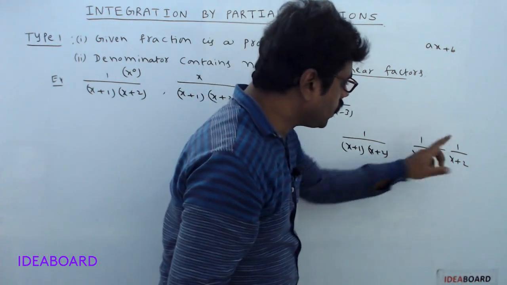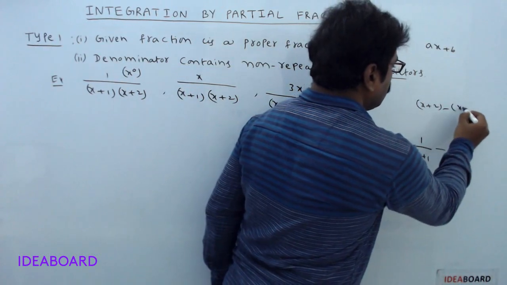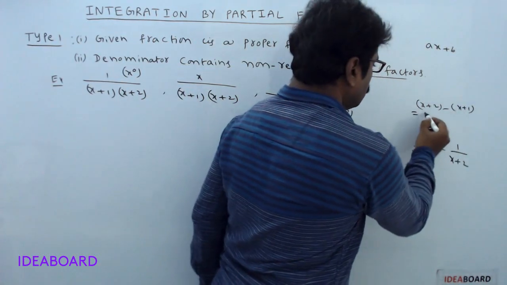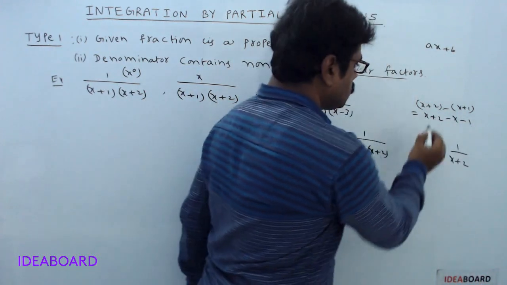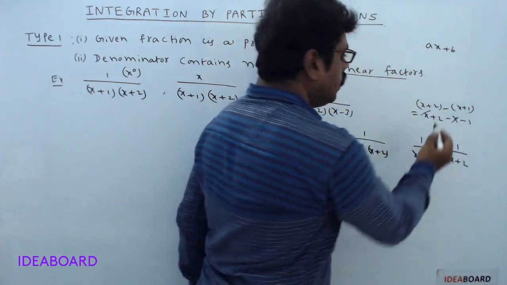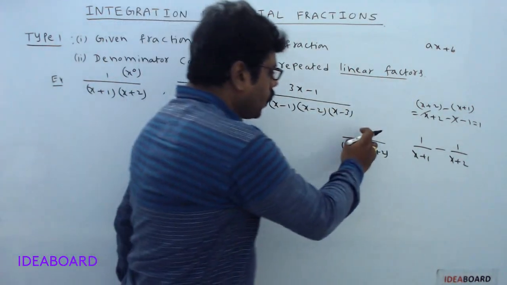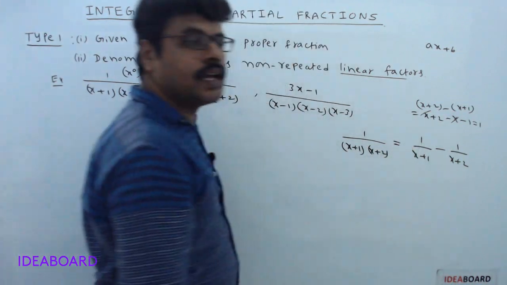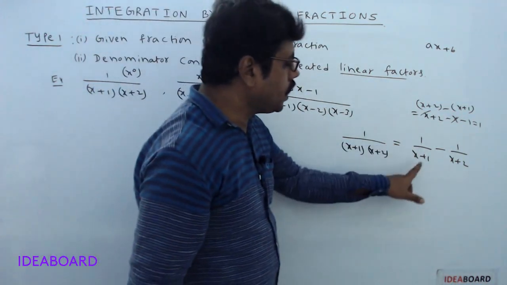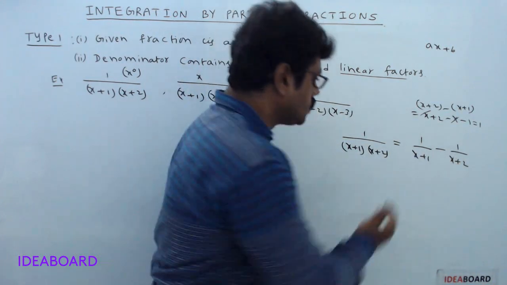What about the corresponding numerator? This is (x plus 2) minus (x plus 1). Now this is x plus 2 minus x minus 1. Now x will be cancelled. 2 minus 1 is 1. Now 1 divided by (x plus 1) into (x plus 2) can be written as 1 divided by (x plus 1) minus 1 divided by (x plus 2).